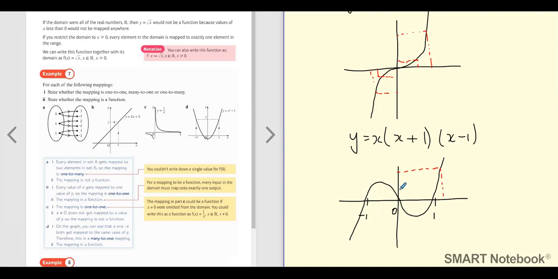But if I draw a ray at this height, I have got, in fact, 3 x values for that 1. If I draw a ray down here, I've got 1, 2, and then 3. And then if I go sufficiently far down, I get back to 1-to-1. So actually, this is a many-to-one.